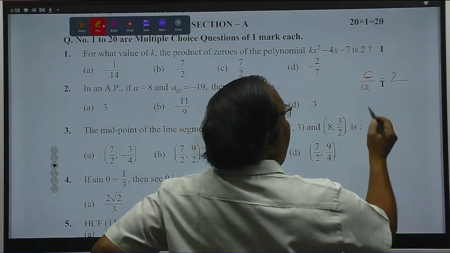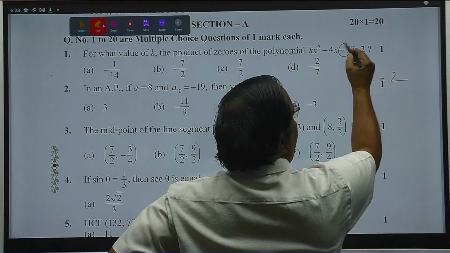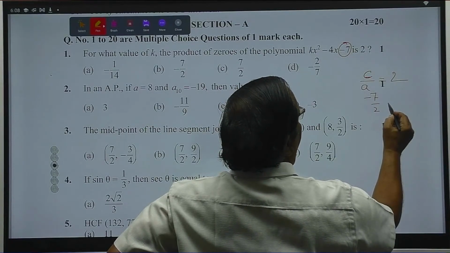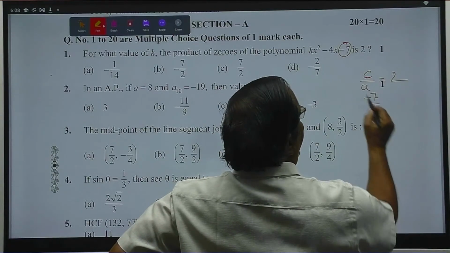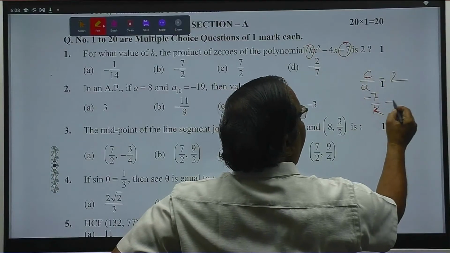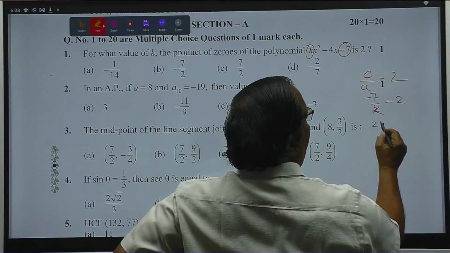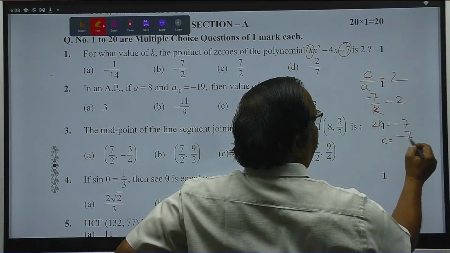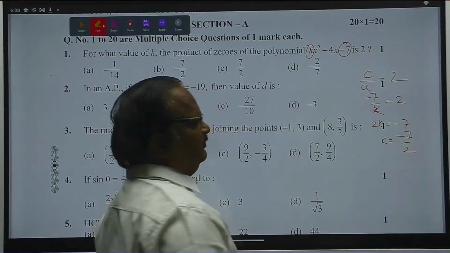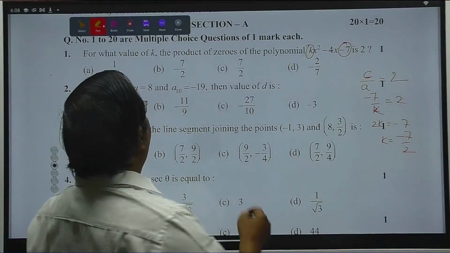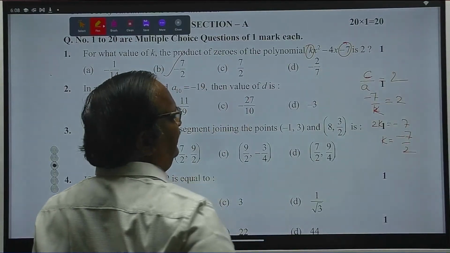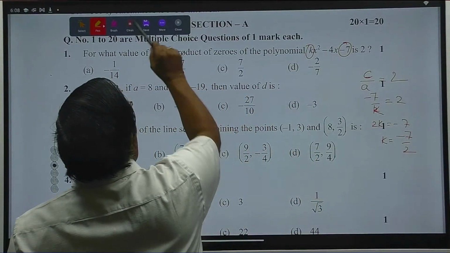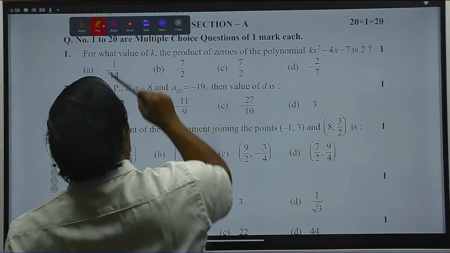So c is minus 7, so 2k is equal to minus 7, k is equal to minus 7 by 2. Very simple. So B is the answer, right? This is one of the very common questions.